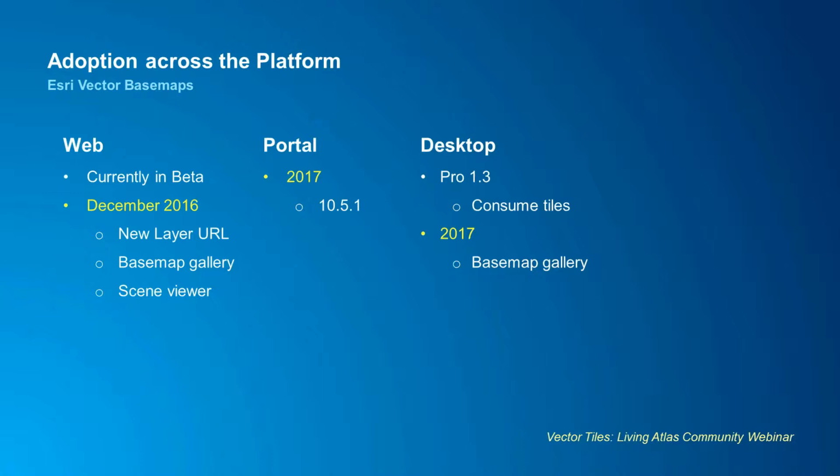For desktop, currently Pro 1.3 can consume the vector basemap tiles, and in 2017, we'll have access through the basemap gallery in Pro. And also mobile. Mobile plans for 2017 are that apps designed with the Quartz Runtime SDK will be able to support the consumption of the vector tiles.